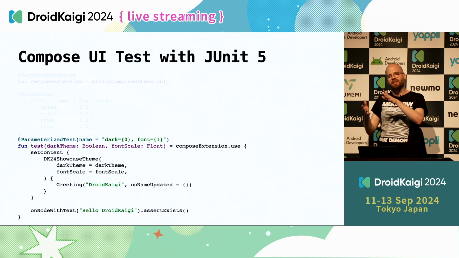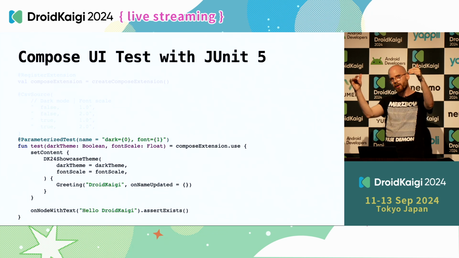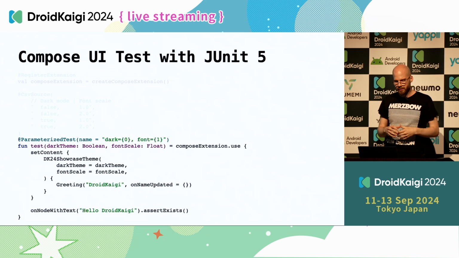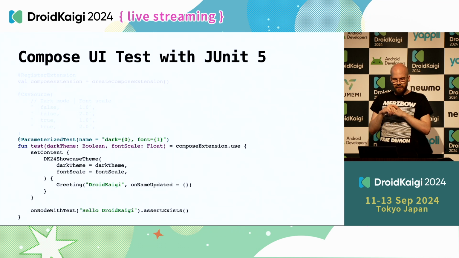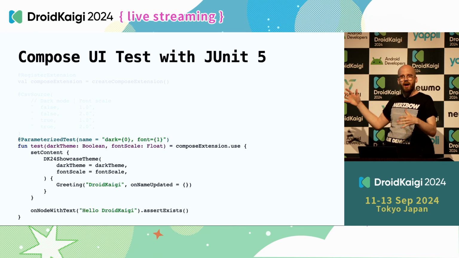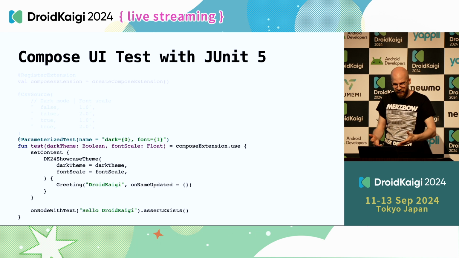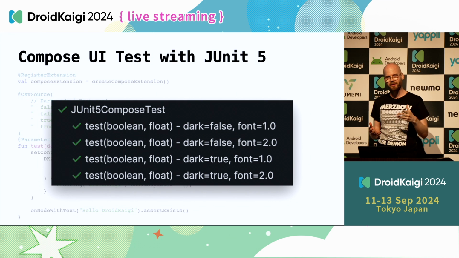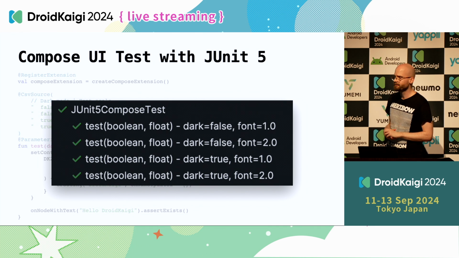For example, you set the content. There's the theme. You give the parameters to the theme. And then inside, you have your composable. And the assertions after the set content, again, are the same API you know. You assert it on node with text, and so on. And from this test method, we generate four cases, because there were 4 things in the CSV source. And yeah, that is the result of that.